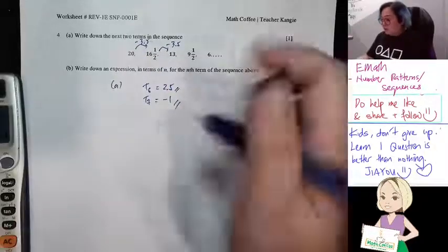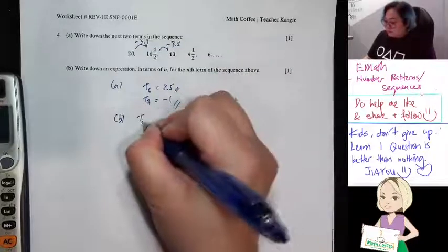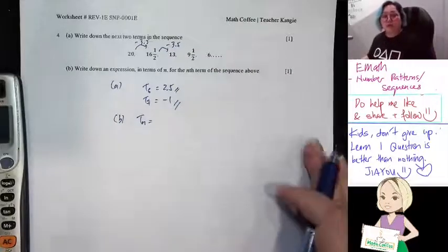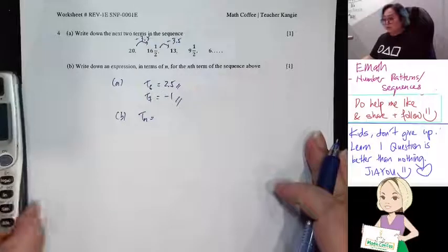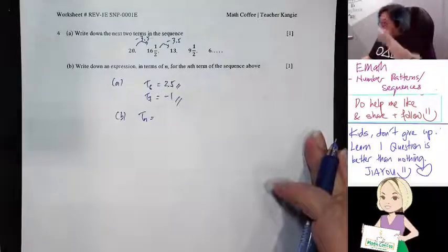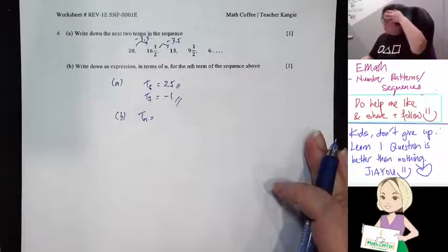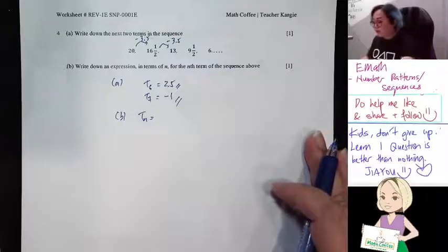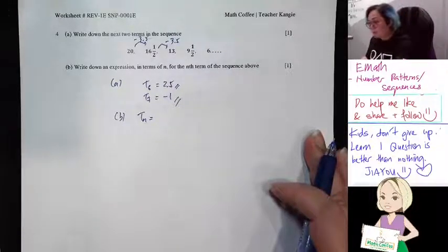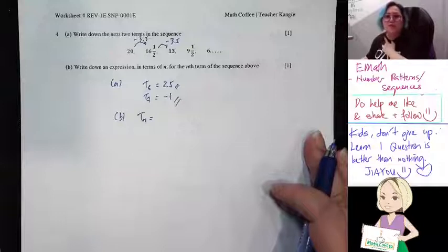Okay? Now Tn, easy. By now you should know what it is. So what should be the pattern? Come, you tell me the formula. You tell me whether you know and learn. I've gone through the formula quite already 3 times. So by now you should know how to form the formula.